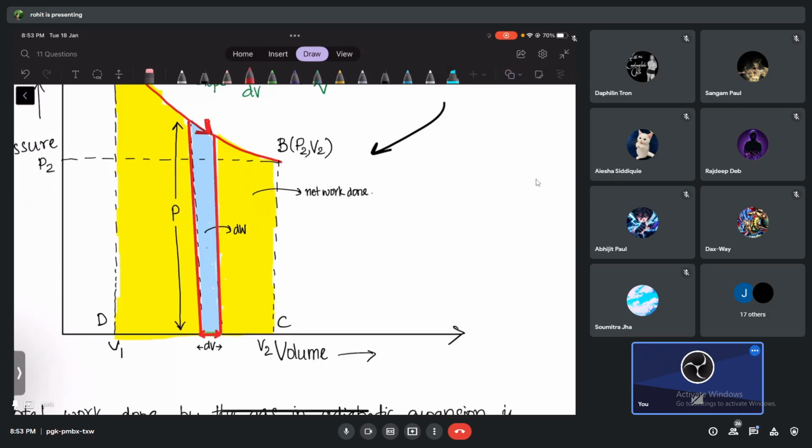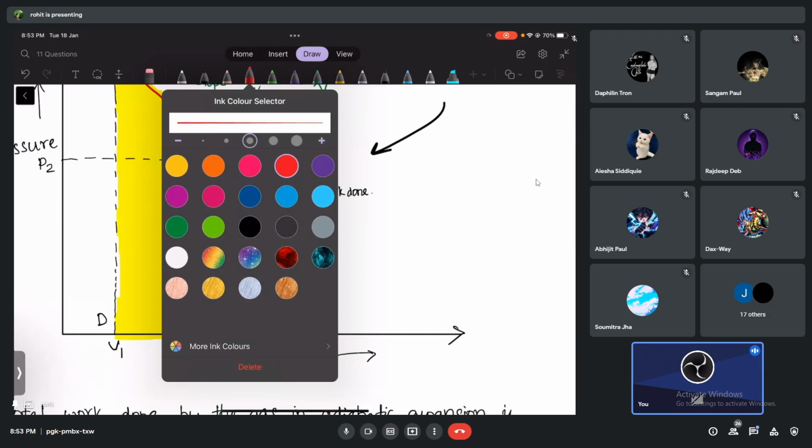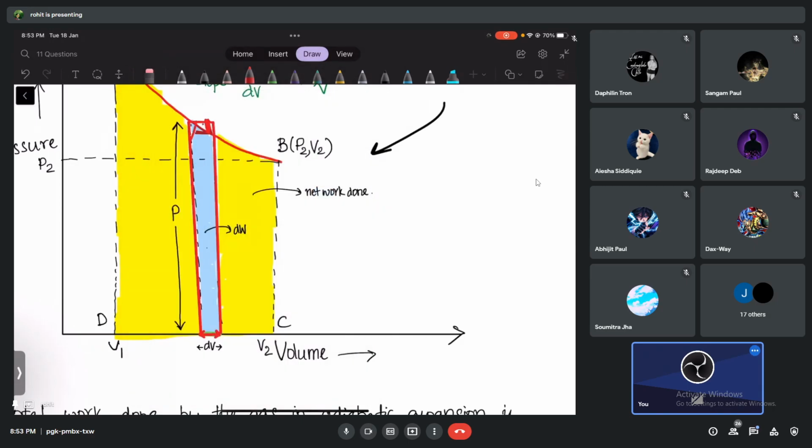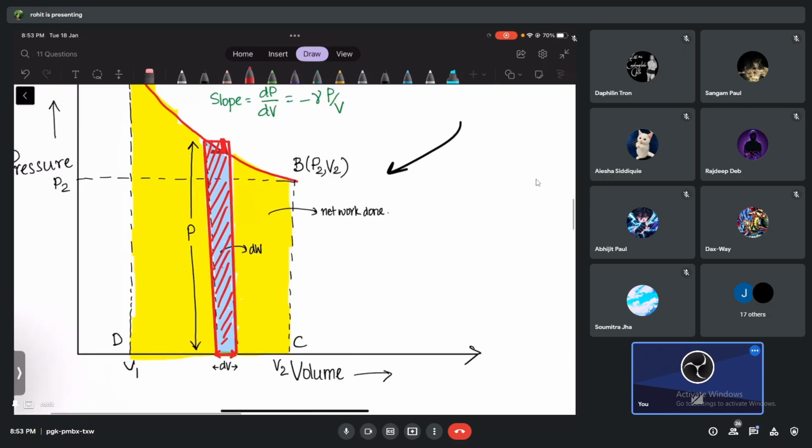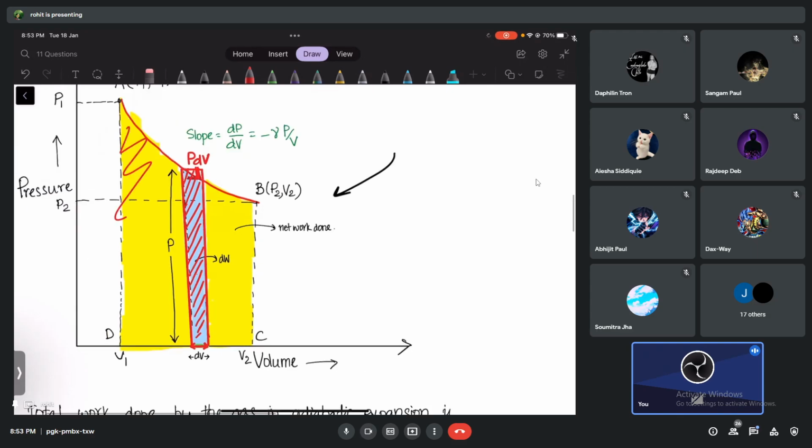When I complete this rectangle, the area I'm shading is nothing but the product of P and dV.